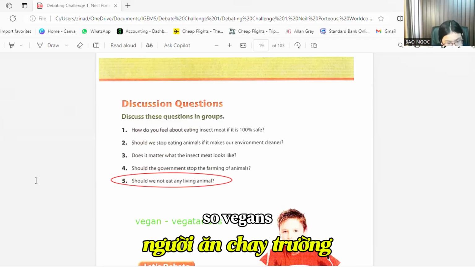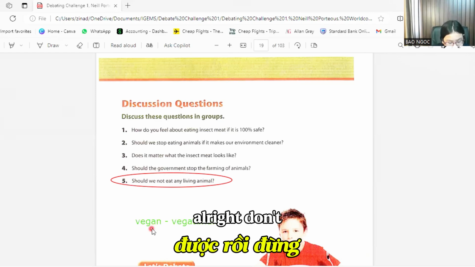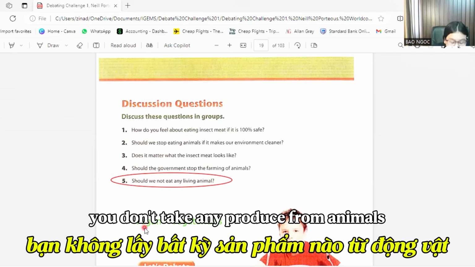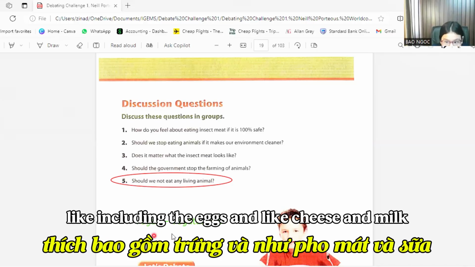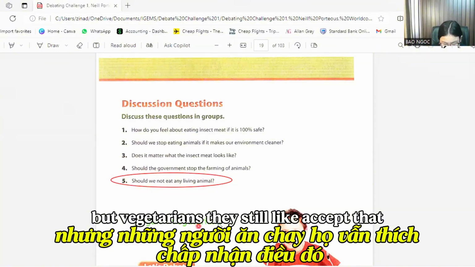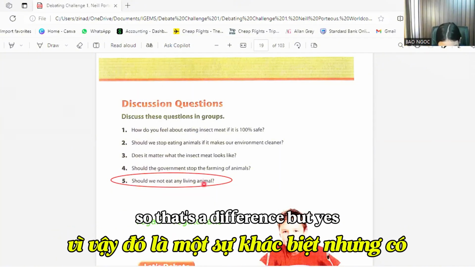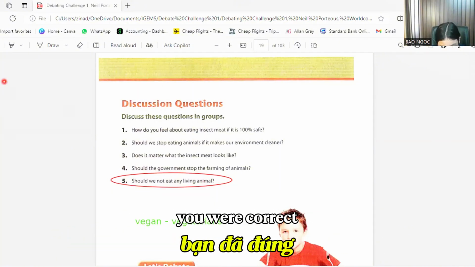So vegans don't take any produce from animals, including eggs, cheese, and milk. But vegetarians still accept that. So that's the difference. But yes, you were correct.